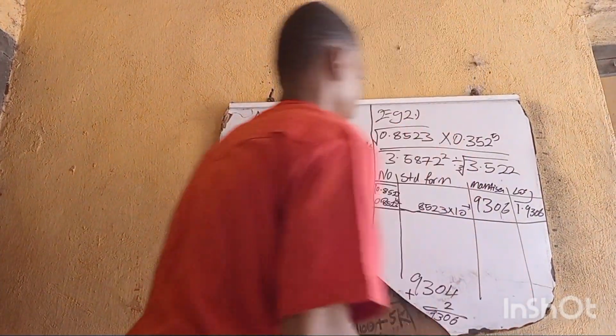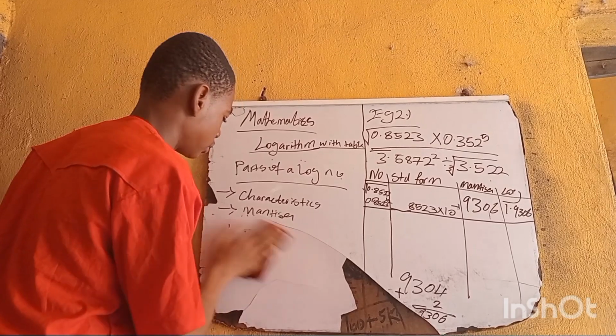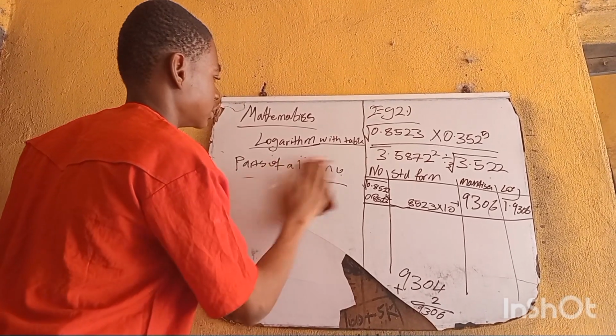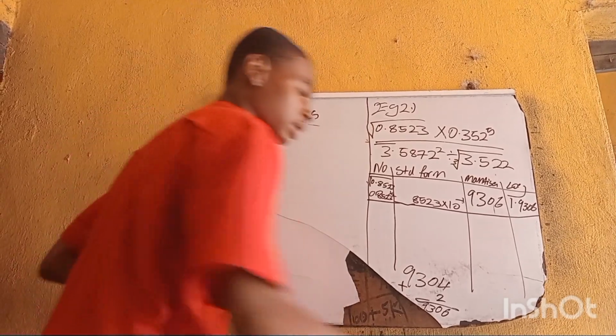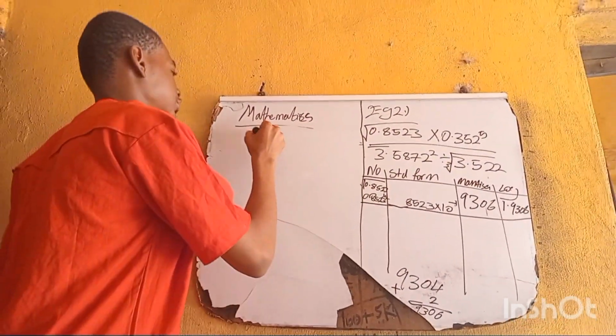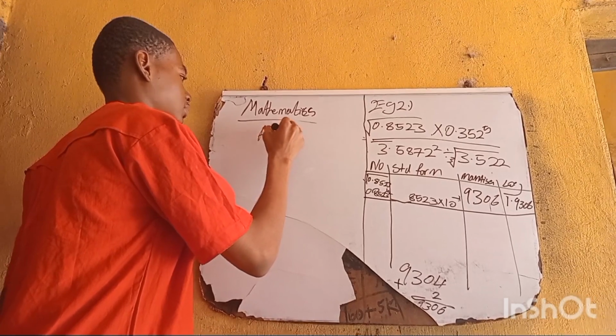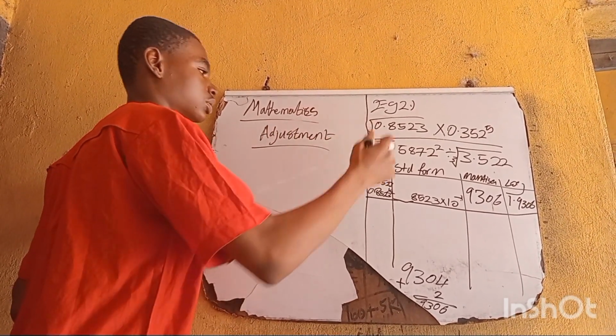How do we divide this whole number by 2? Dividing a logarithm is not the same as dividing a normal number. In the division of logarithm, there's something we call adjustment. To divide the logarithm is to adjust.